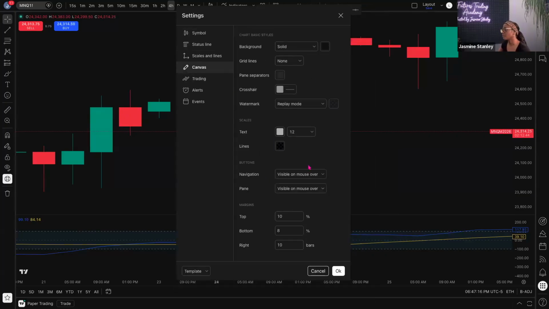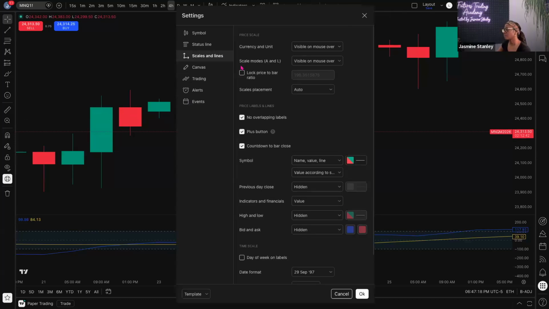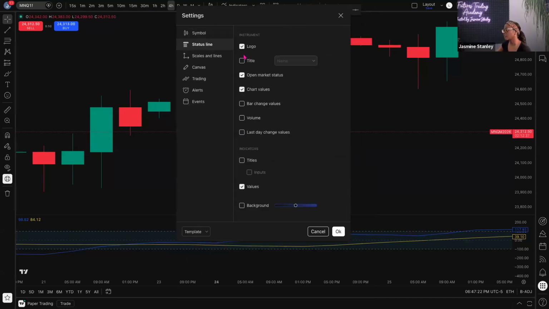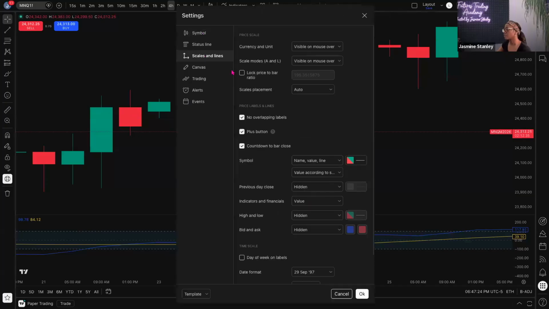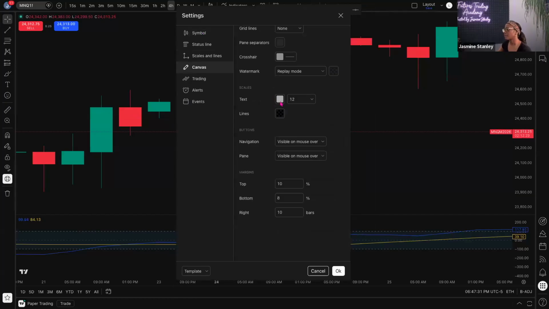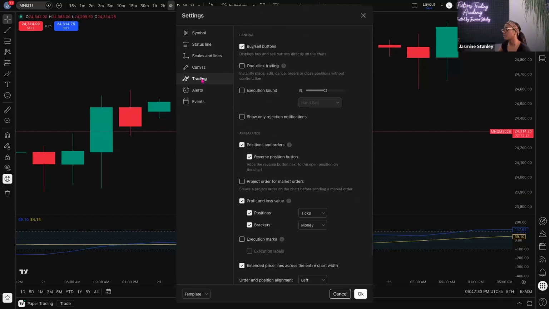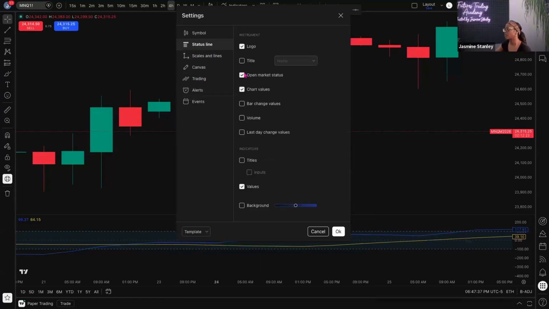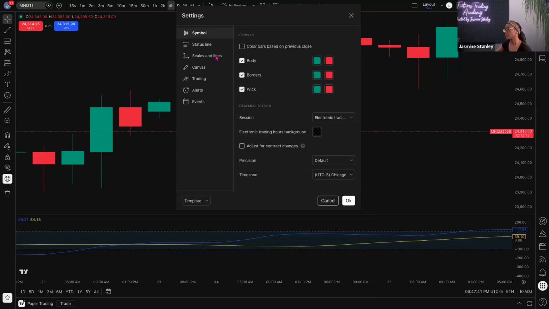I could just only have this nice crosshair. I don't really know if I can get it off. Shoot. Nope.